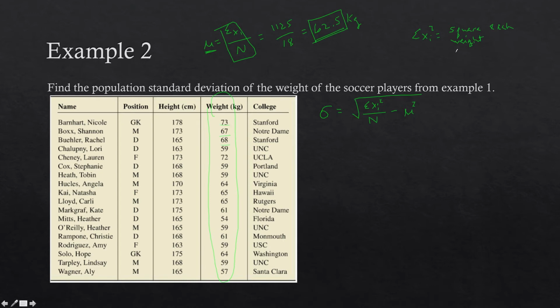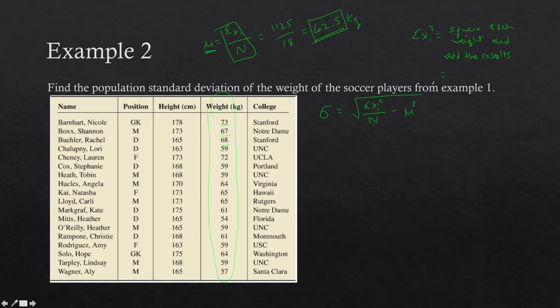Square each weight and add the results. So what I would do is I would square each of these weights, and then I would add them all up. That would give me the sum of x sub i squared.